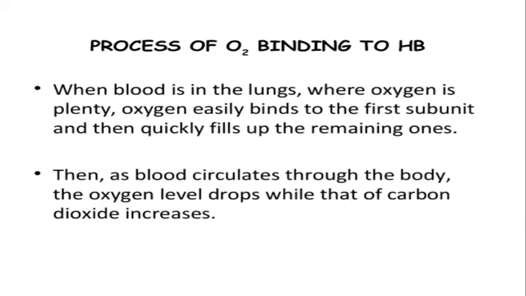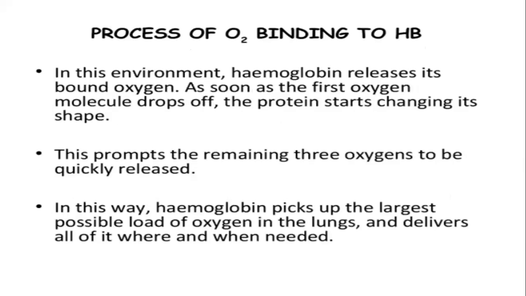The same can be explained when the hemoglobin gets to the lungs, where the partial pressure of oxygen is high. It's easier for hemoglobin to bind onto oxygen and subsequently deliver that oxygen to the various tissues as it releases carbon dioxide.